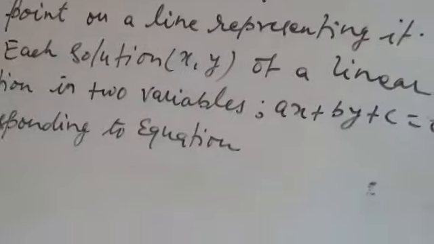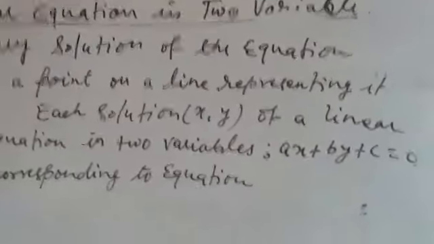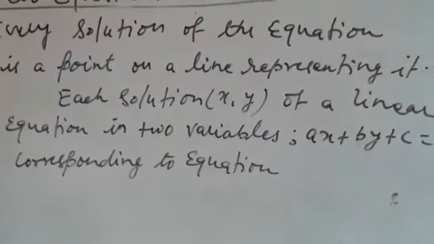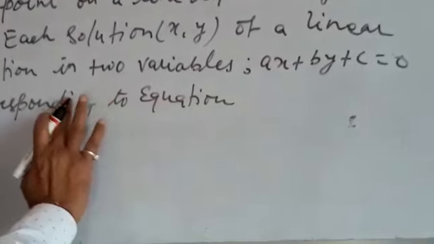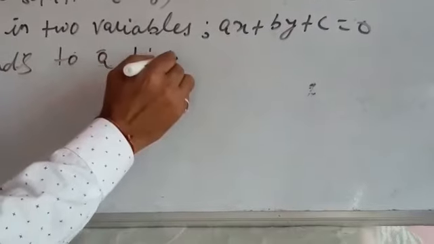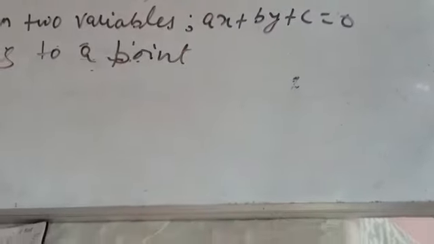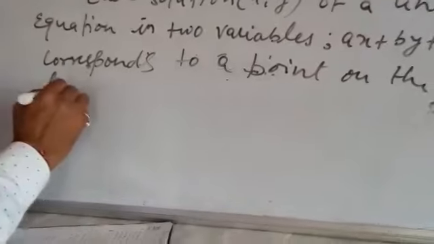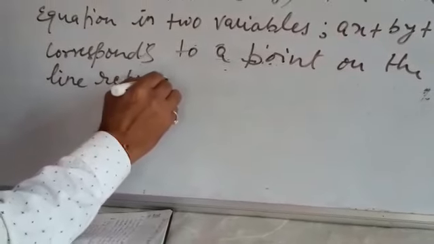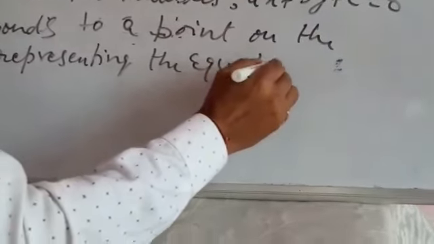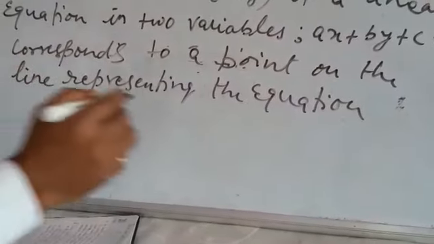Each solution (x, y) of our linear equation in two variables ax plus by plus c is equal to 0 corresponds to a point on the line representing the equation, and vice versa.